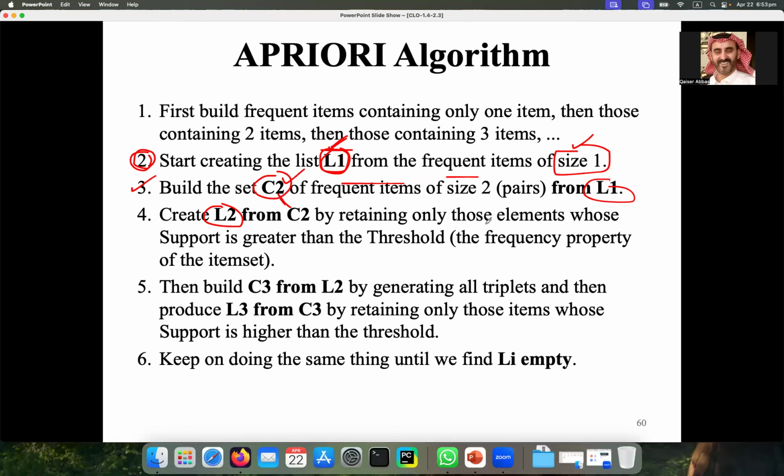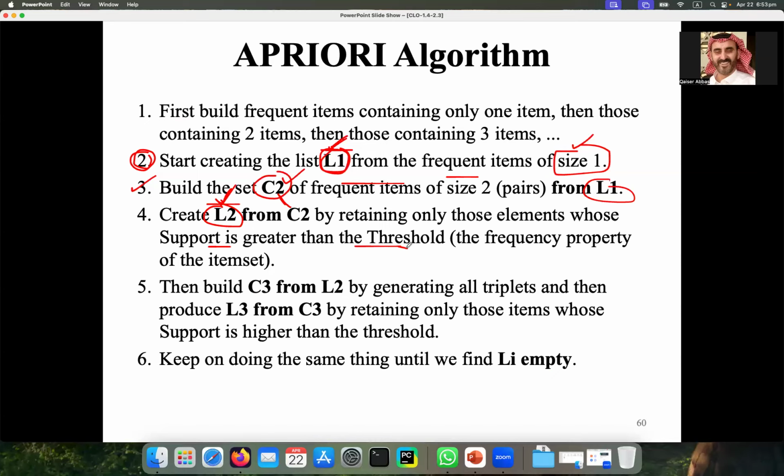And now there is a condition. When you reach L2, you will keep only those elements in this L2 which have their support higher than some threshold. You will fix some threshold.